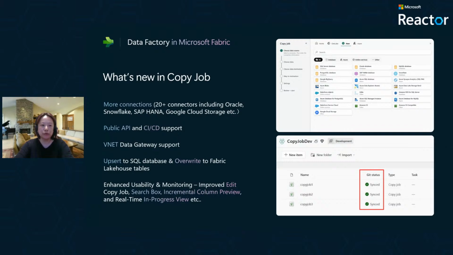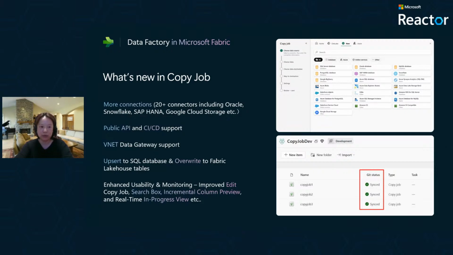Copy job really helps you focus on your data ingestion task to move data from a variety of sources to the destinations. It supports a rich set of data connectors, and it's growing over time as well. Along with the GA announcement of copy job, we added more capabilities to make it more enterprise ready to help you move data across different systems.